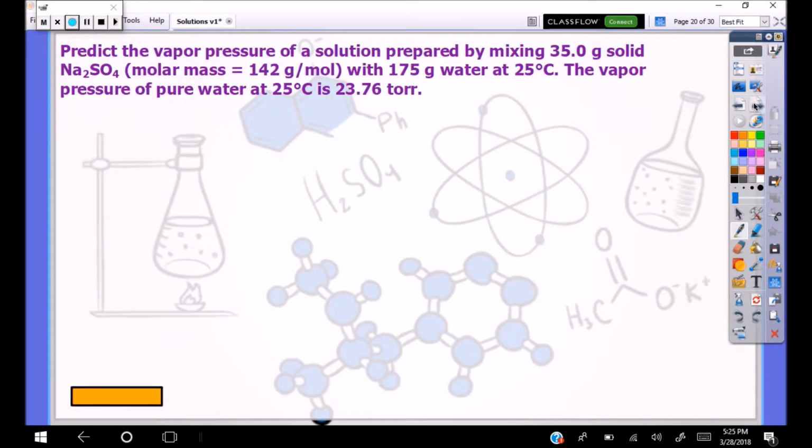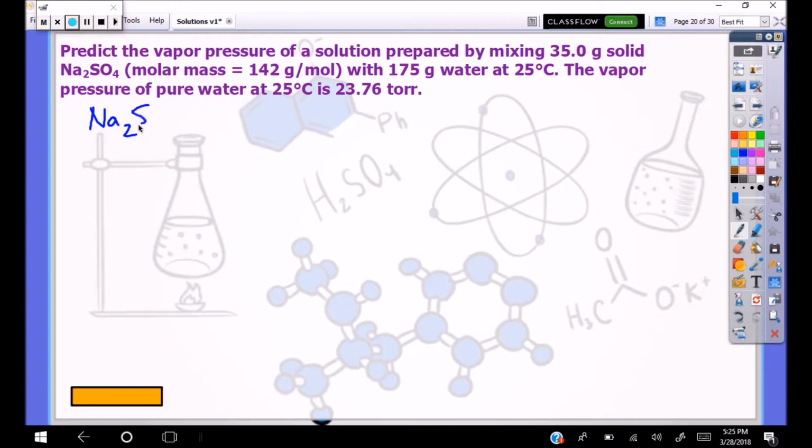Okay, so here you go. This one, predict the vapor pressure of a solution prepared by mixing 35 grams of solid Na2SO4 with 175 grams of water. And they tell you the vapor pressure. So here's the deal. Like I said, we just talked ionic, so I wanted to prepare you for that.